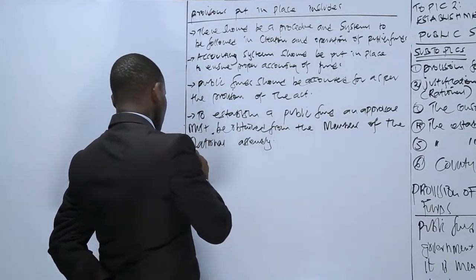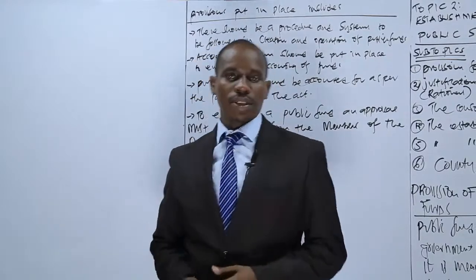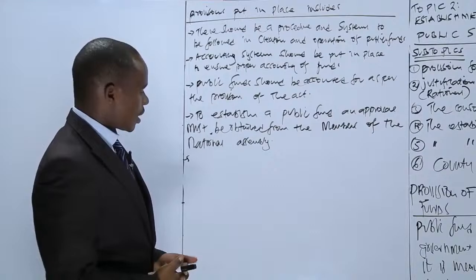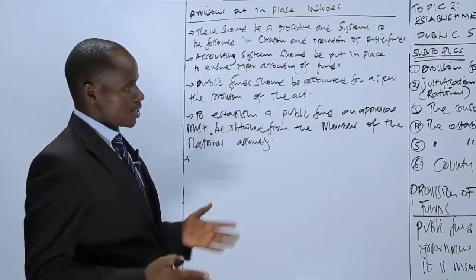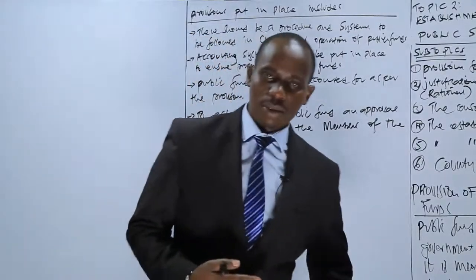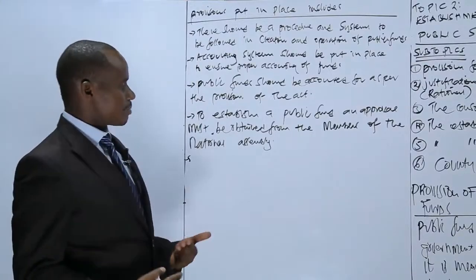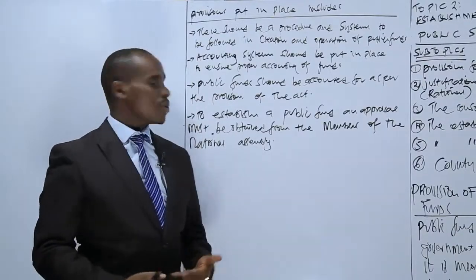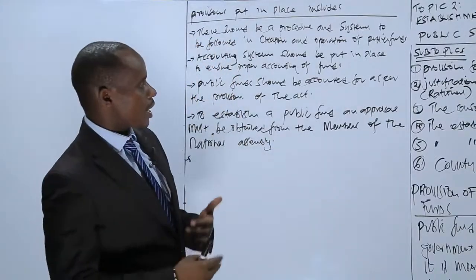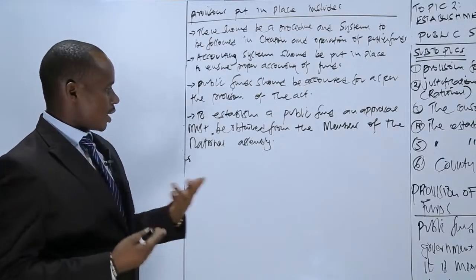Remember, we need to get approval of this because the members of the National Assembly are the ones who make laws. Any law that is passed in the country and ends up affecting the country indirectly or negatively, then the members of the general public are likely to blame our members of parliament, because they are there to make sure that the laws they are coming up with, or how the country is run, at least they are keeping an eye on everything.